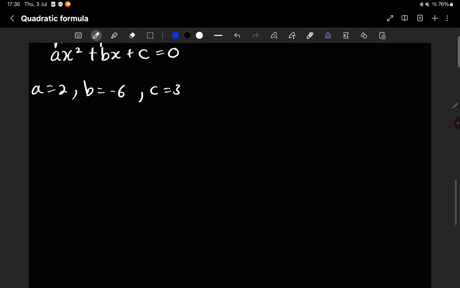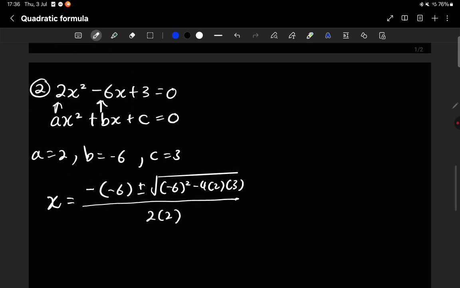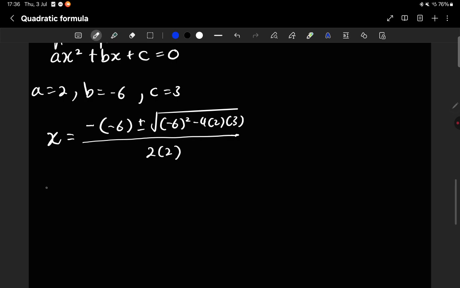All we have to do is implement the formula: x equals negative b plus minus the square root of b squared minus 4ac, over 2a. And that's it. We just find the roots again.